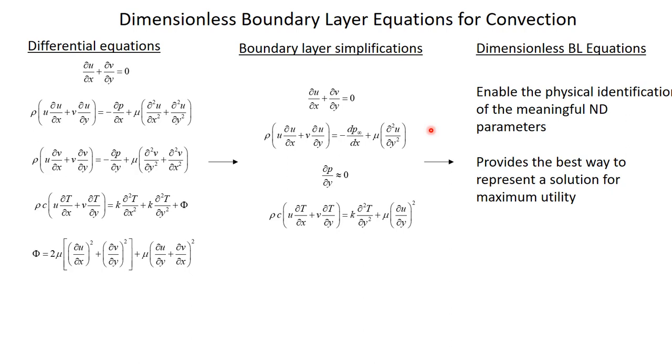And by being able to understand how to represent a solution in a non-dimensional form, it's going to maximize the utility of any experiments that we might do or any CFD type simulations that we might do, so that they can be applied as broadly as possible across as many different situations and fluids and sizes and so forth as possible.